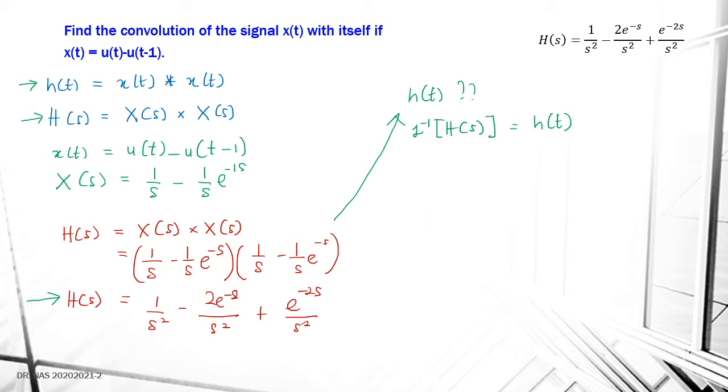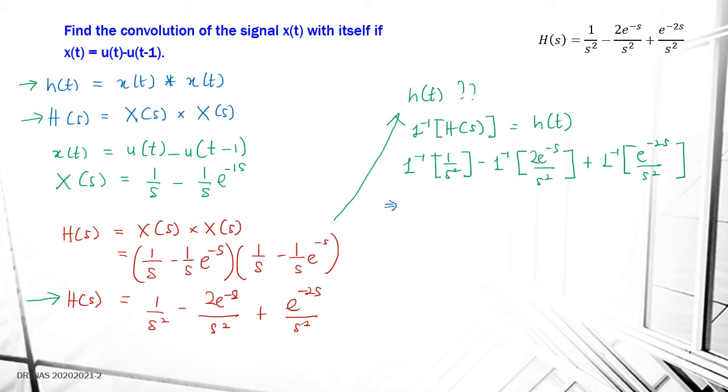So you need to perform the inverse Laplace transform for 1 over s squared, minus the inverse Laplace transform of the second component, 2e^(-s) over s squared, plus the inverse Laplace transform of e^(-2s) over s squared. Okay, as in the previous example, when you have 1 over s squared, it is equal to the t function.